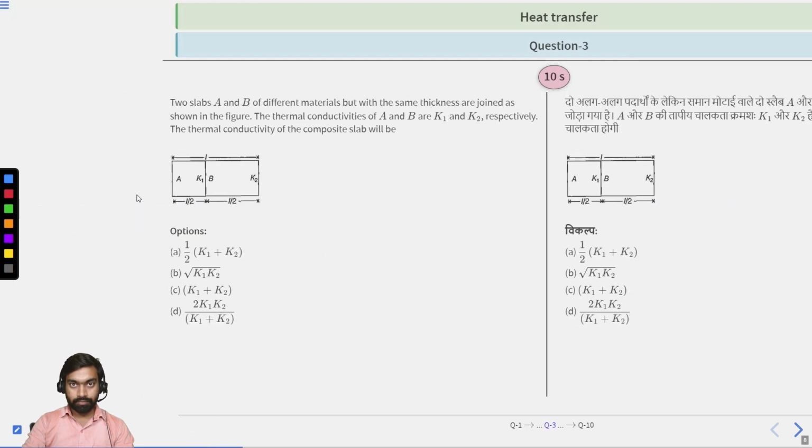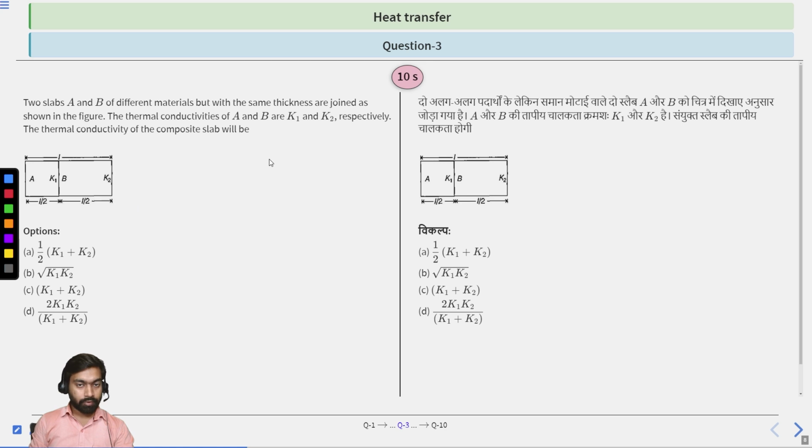Next question. Question 3. Question is: two slabs A and B of different materials but with the same thickness are joined as shown in the figure. There are two different materials, A and B, and they are joined like this.